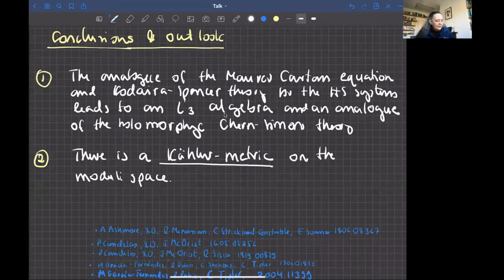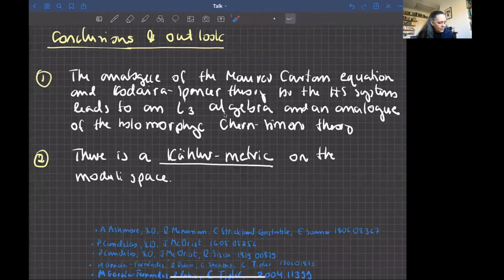There has been work on the analog of the Maurer-Cartan equation and Kodaira-Spencer theory for the whole Strominger system. This leads to a very beautiful structure associated to an L3 algebra and an analog of holomorphic Chern-Simons theory. This could be the subject of a whole other seminar.